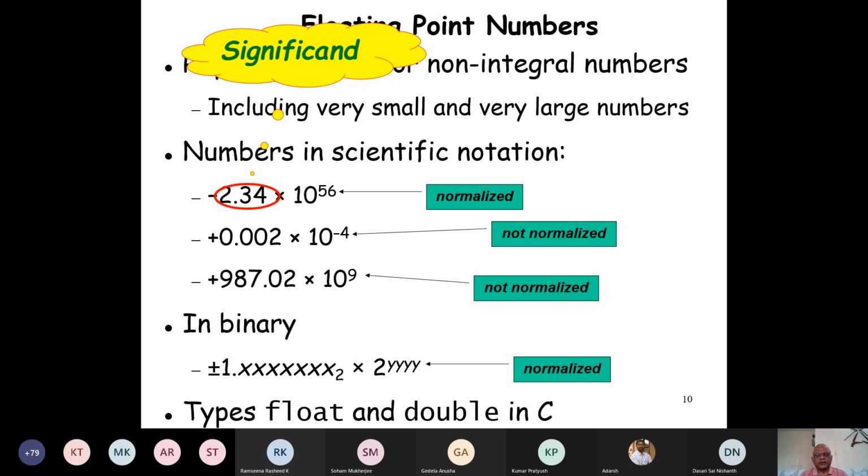Remember that for dealing with large numbers, we use this format actually.